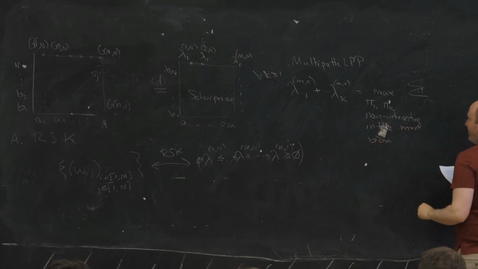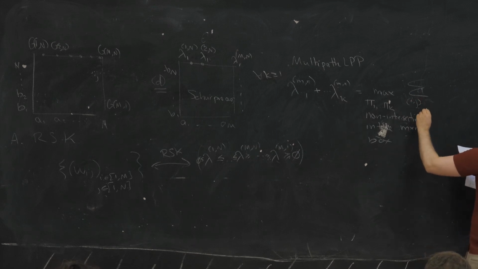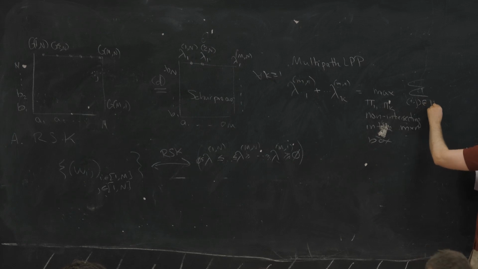So I'll draw what exactly I mean by this in a moment. And then the sum is the weight of that multipath, so it's the sum over all ij, which is in the union of these multipaths of wij.